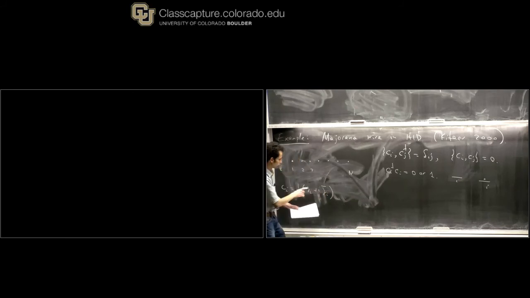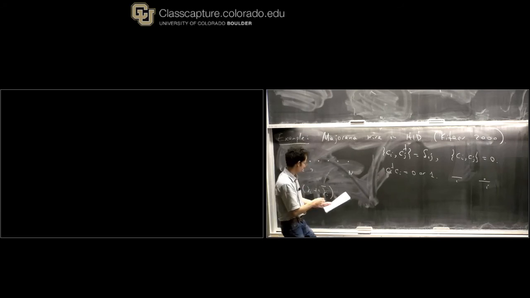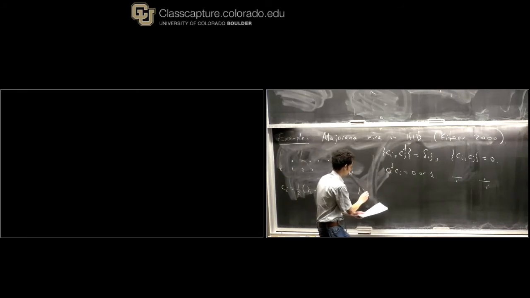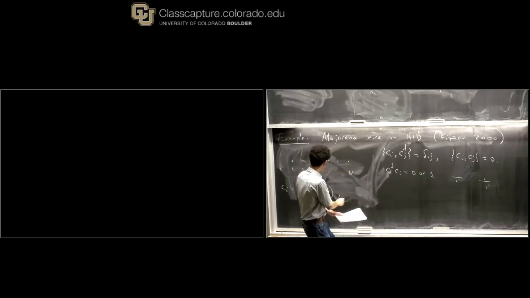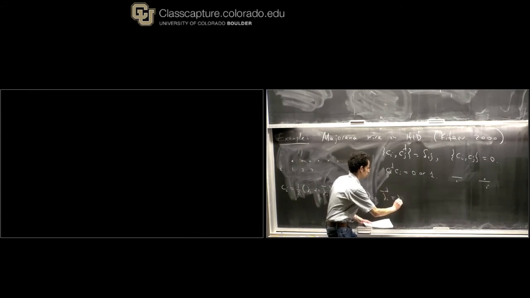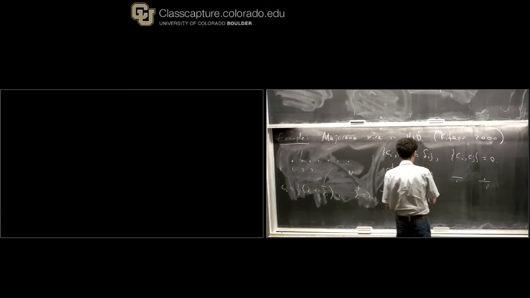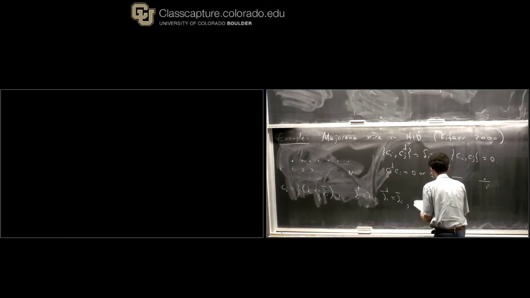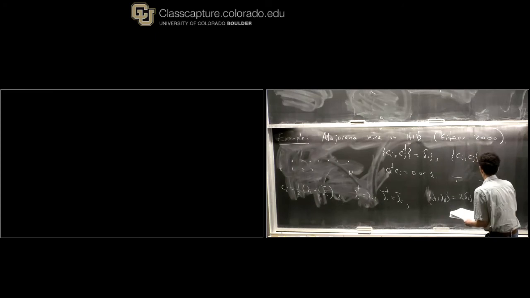Don't confuse the square root of -1 and the index i, where these gammas and gamma bars are Hermitian. And they satisfy the following anti-commutation relations.